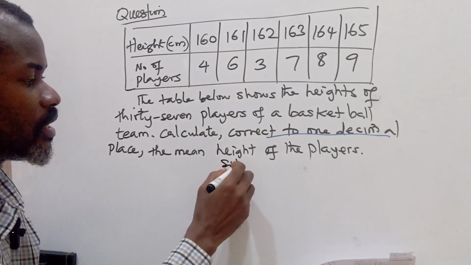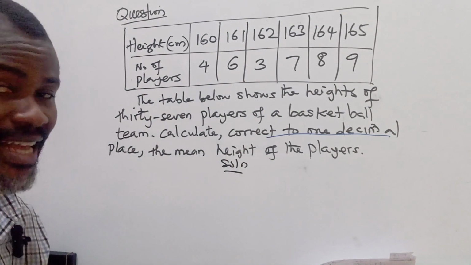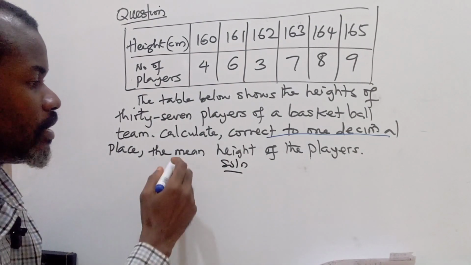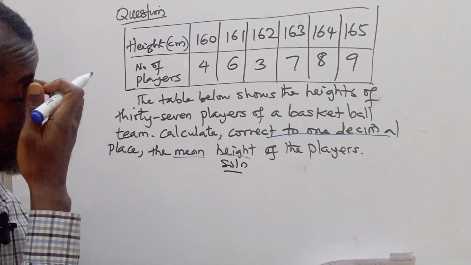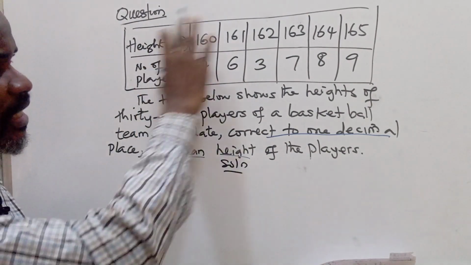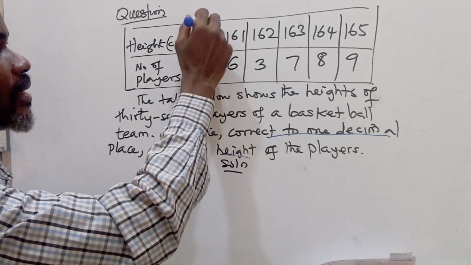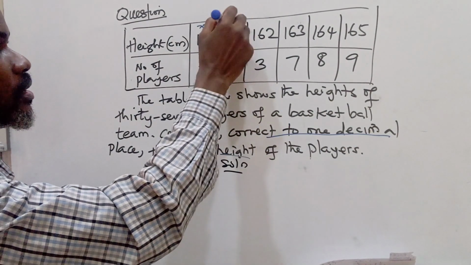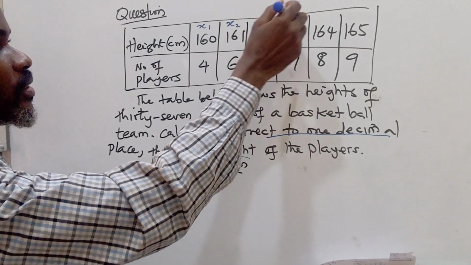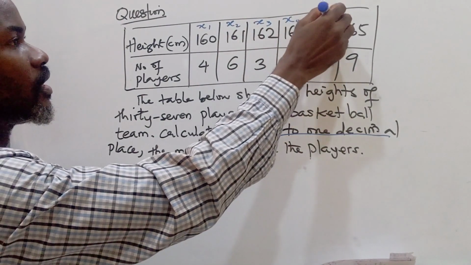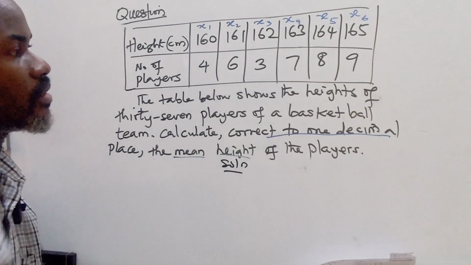First of all, what is the mean? The question is asking us to calculate the mean height. If we look at the table here, we have the height in centimeters. I can call this height X1, this is X2, X3, X4, X5, X6.